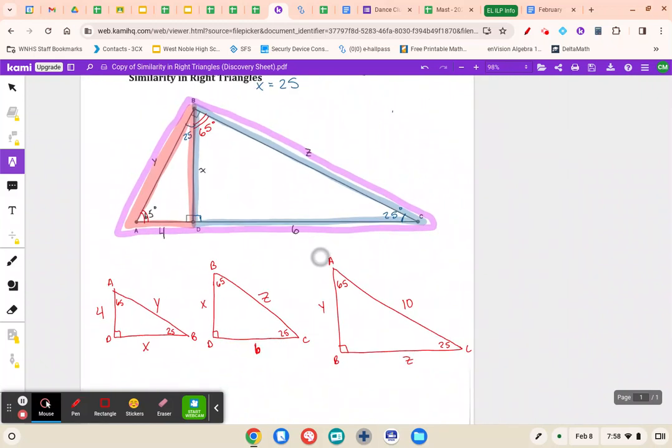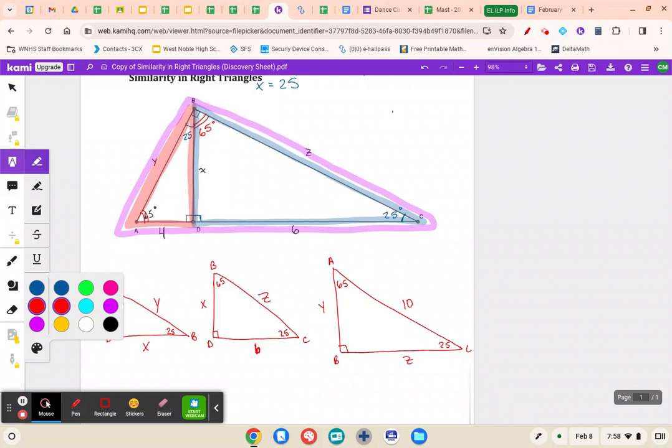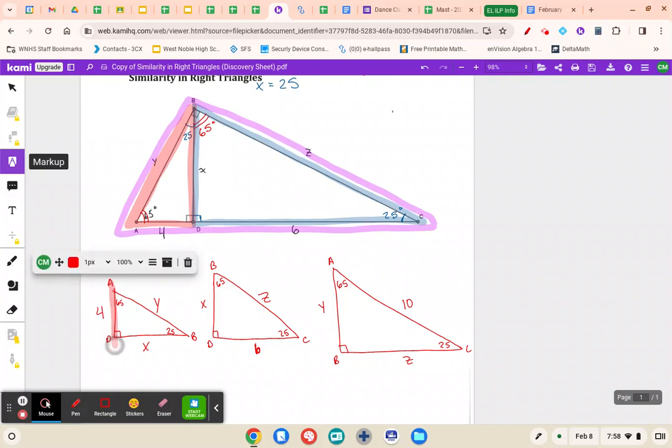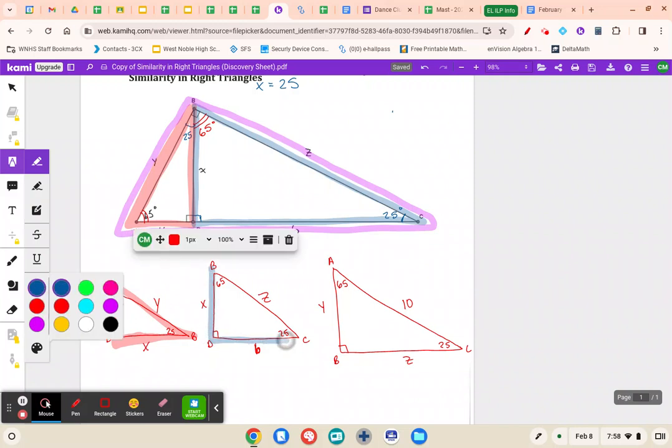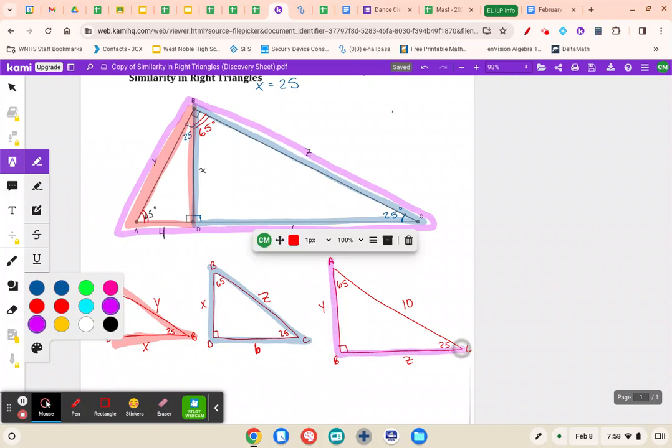So my little triangle, the one I have in red, is right here. And then my medium triangle is next. I'm sorry that they're not the best drawings, but I redrew them and rewrote their side lengths. So they're all facing the same way, so we don't have to really think about it too much.